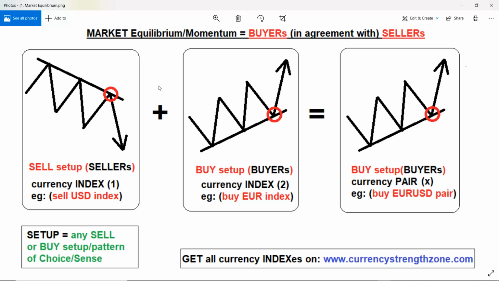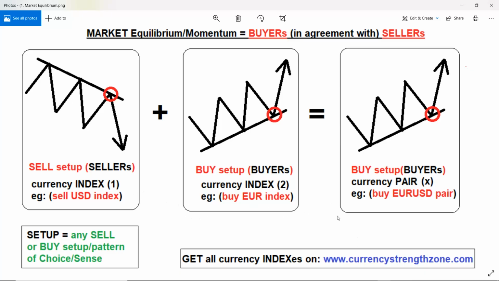So the currency indexes of Euro USD are the dollar index and the euro index. Once again, if you want to get all the currency indexes, you can visit www.currencystrengthzone.com.